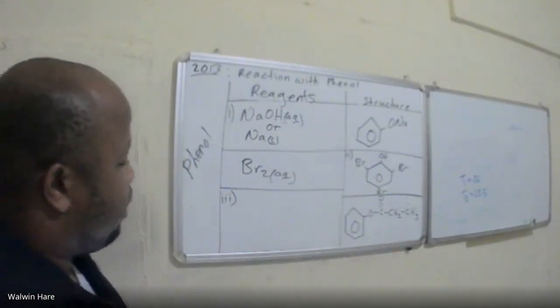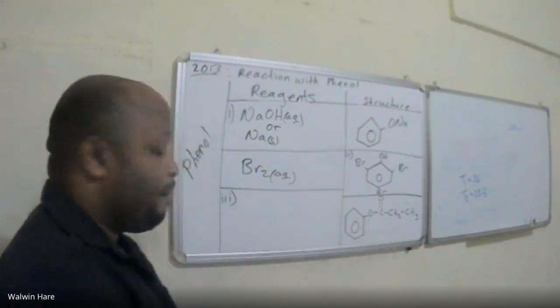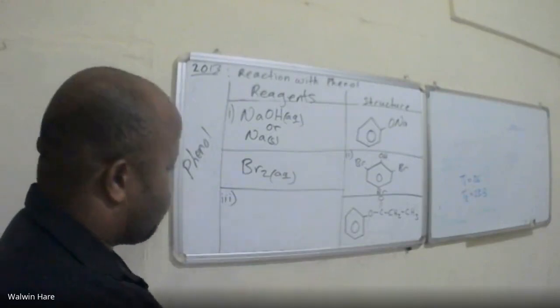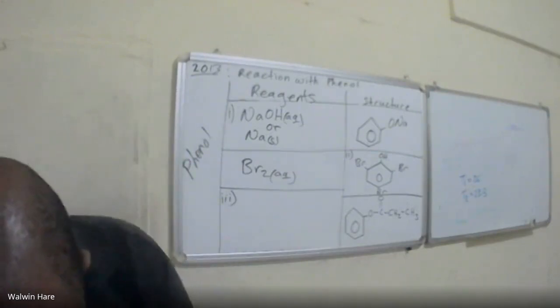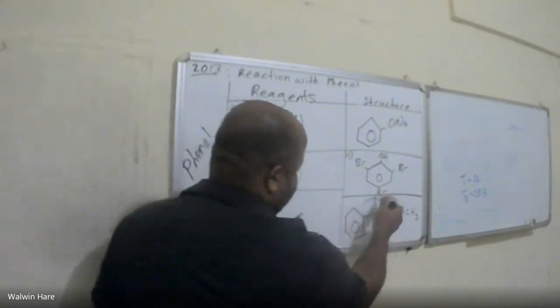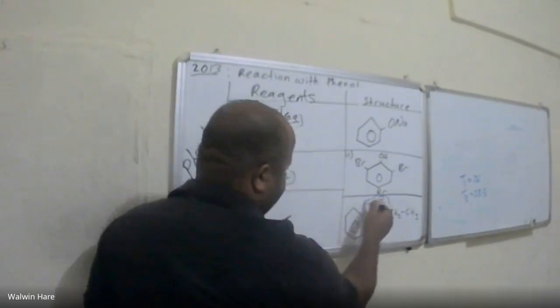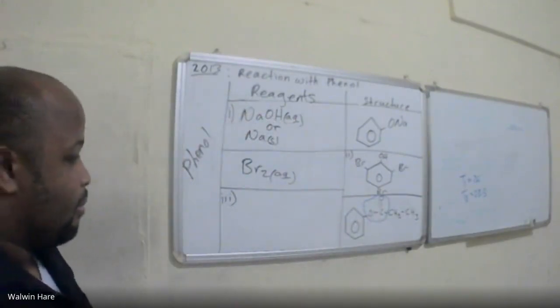So can you tell me what type of structure this is? What compound is it? This group right here, what is it? Carboxylic acid. Mm-hmm.